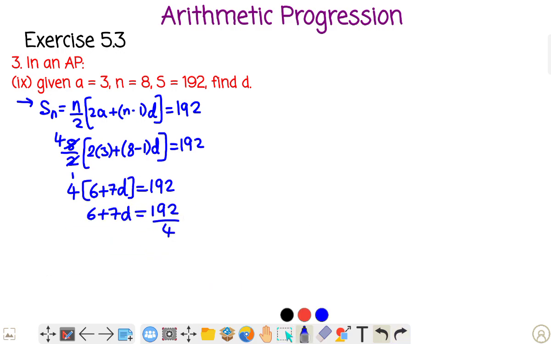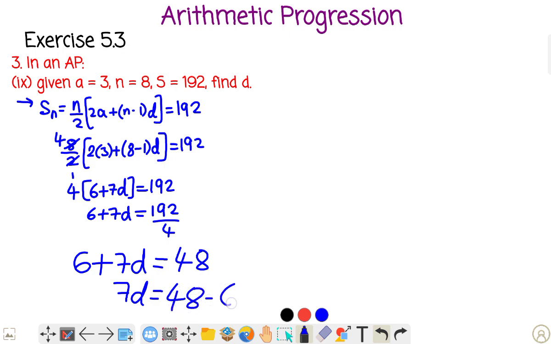So I can write now 6 plus 7d is equal to, I got it as 48. Okay, so I want 7d. So 7d is equal to 48 minus 6. If I shift, it will be minus.